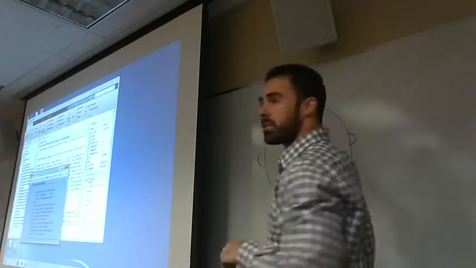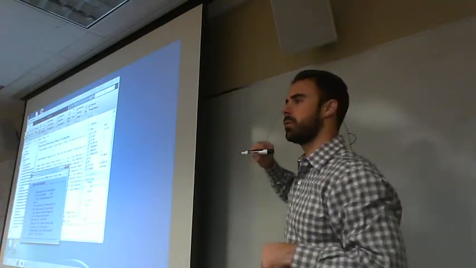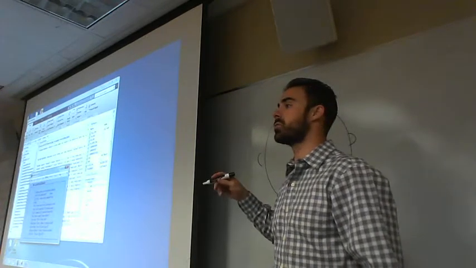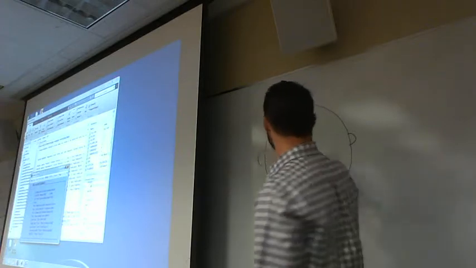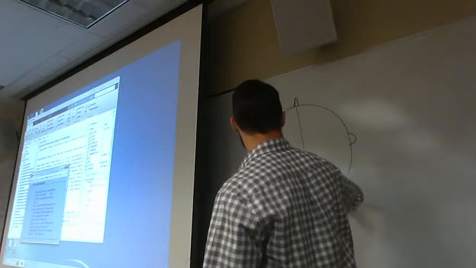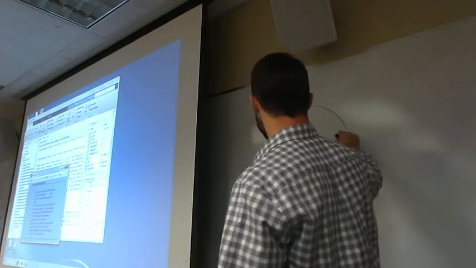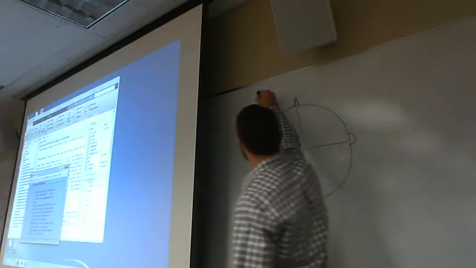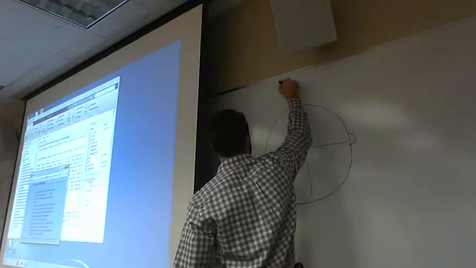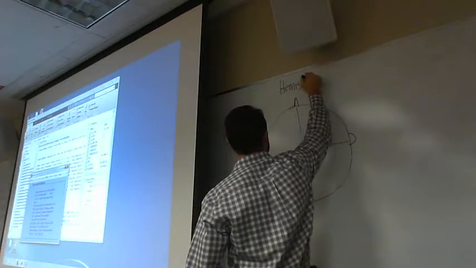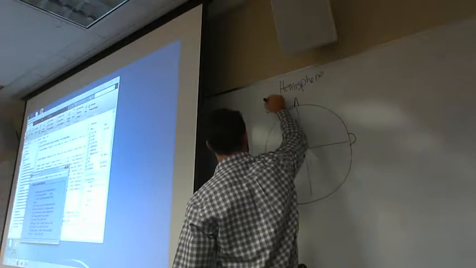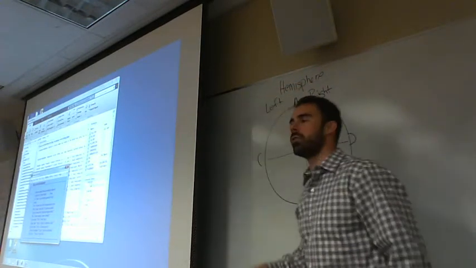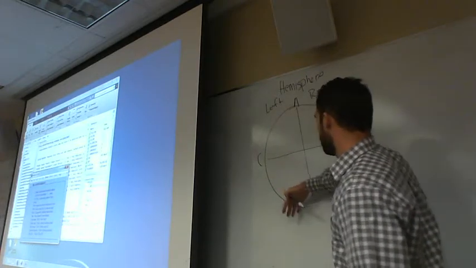So, let's talk about the simplest way to divide the scalp, right? Because you want a way to tell other people where in the head this electrode is that you're reporting a finding from. You can divide it into quadrants. So you have our left hemisphere, and you have your right hemisphere. This is going to be left, and this is going to be right. We can also divide it this way, right?